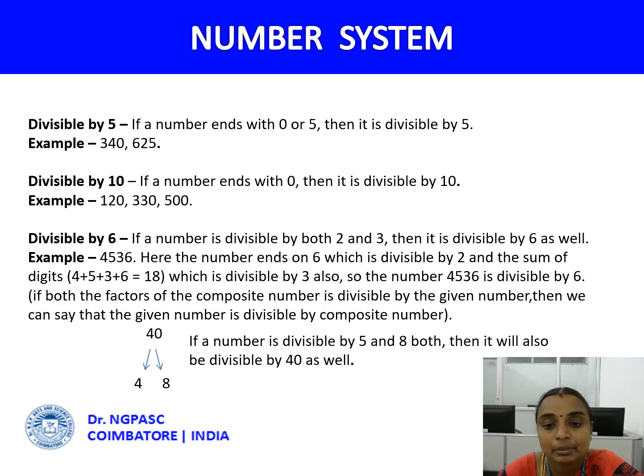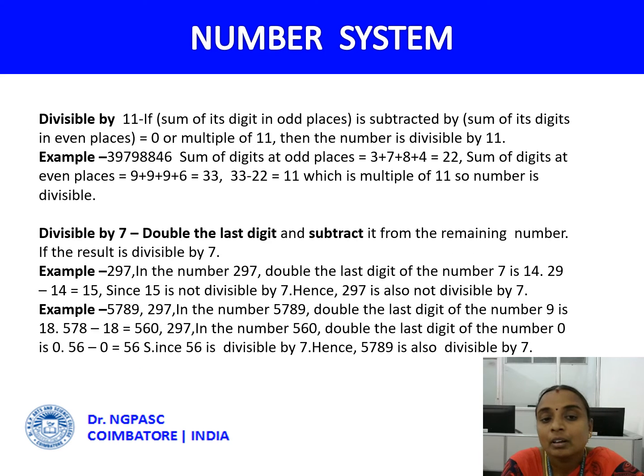For example, if you take 40, for 40 you have the factors 8 into 5. If a number is divisible by 5 and 8, we can say this number is divisible by 40. Then for prime numbers 7 and 11, first we will see 11.